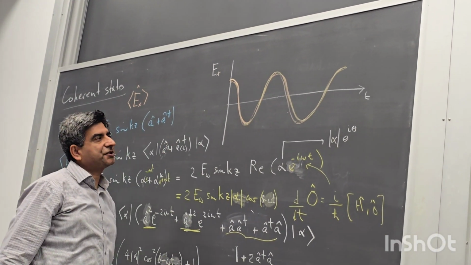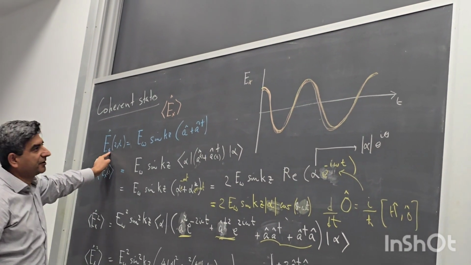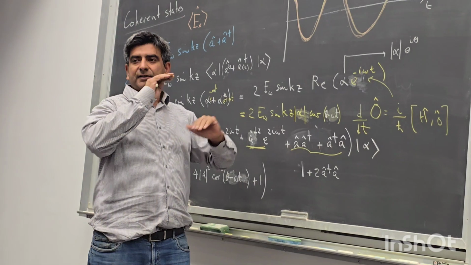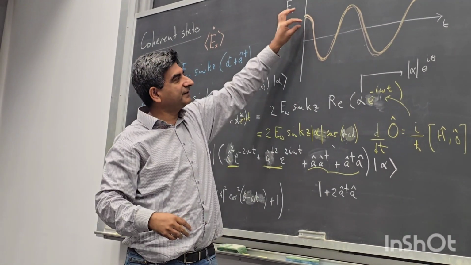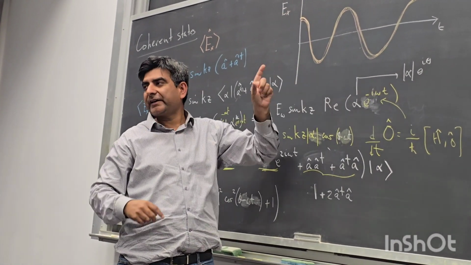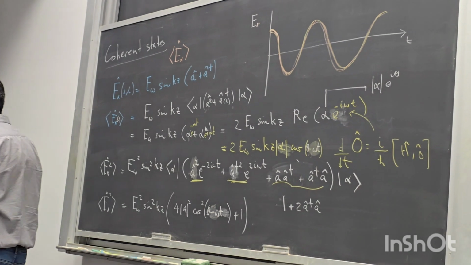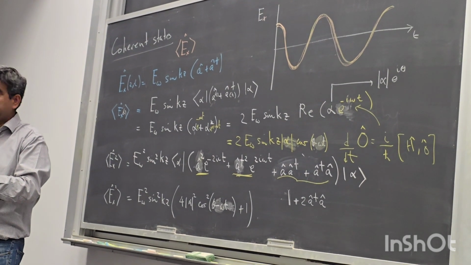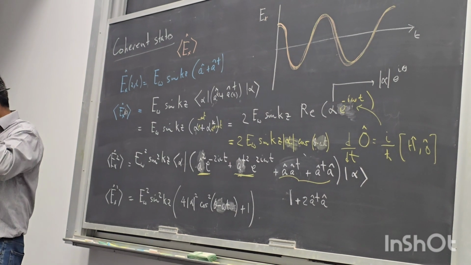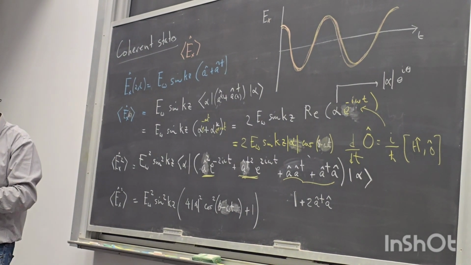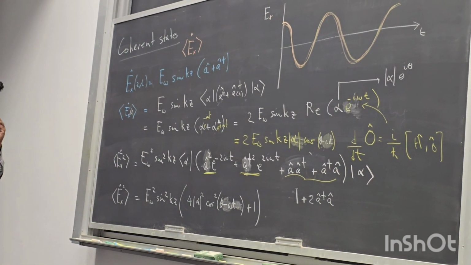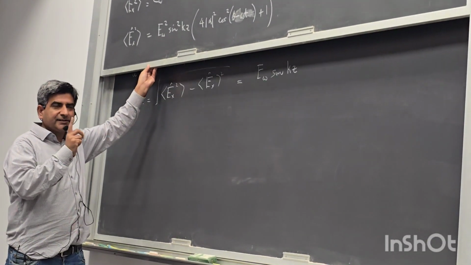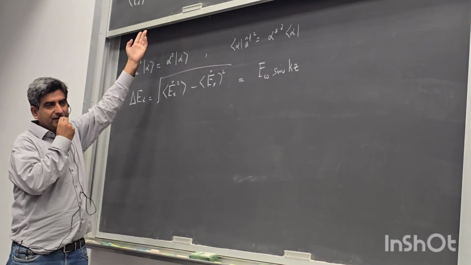So the expectation value of the electric field is given by a nice sinusoidal function, like any oscillator, but there is a finite width to this. There is a finite uncertainty associated with it. So there is this uncertainty associated with this coherent state.